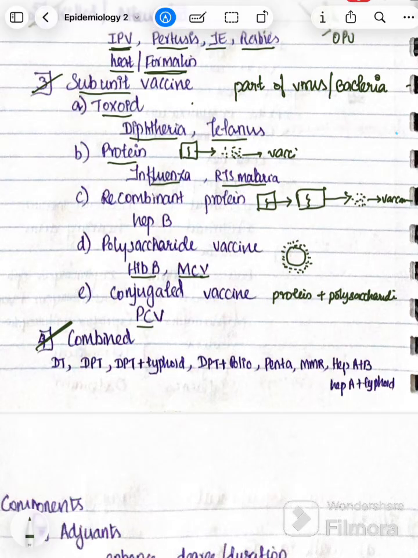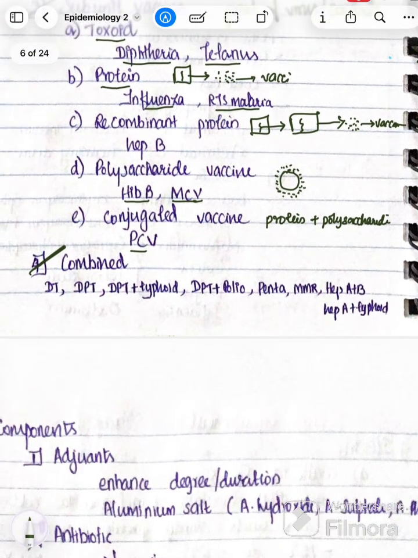Example, pneumococcal vaccine. Now combined vaccines, as we all know, pentavalent vaccine. We have diphtheria tetanus, DPT, diphtheria pertussis tetanus, DPT plus typhoid, DPT plus polio, MMR vaccine, measles, mumps, rubella, hepatitis A and B together, and hepatitis A plus typhoid.